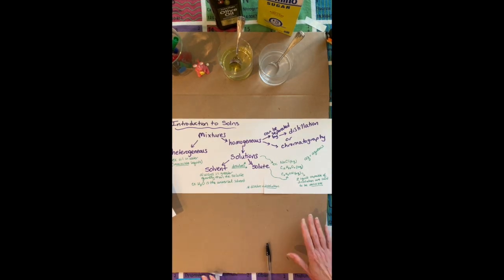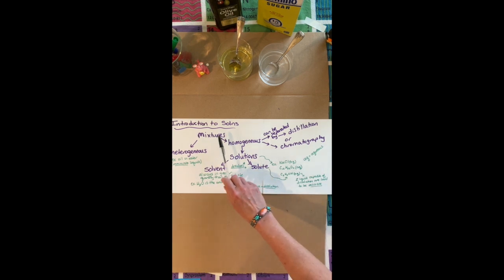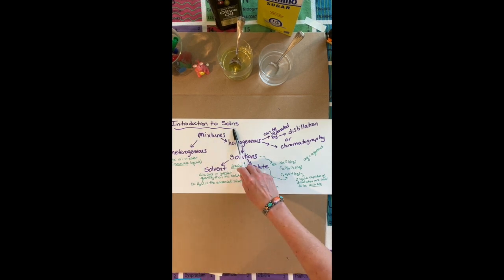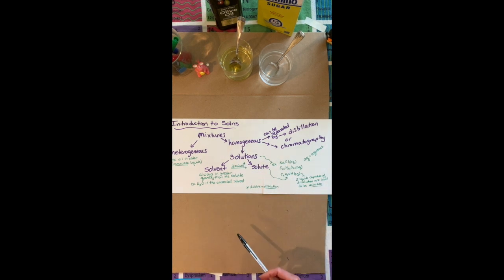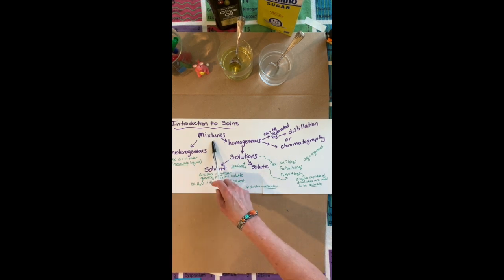Let's think way back to the old days. We're talking like September now. So as we start to think about solutions, I want to put that in context of some other things we've learned about way back in September. We learned about mixtures.